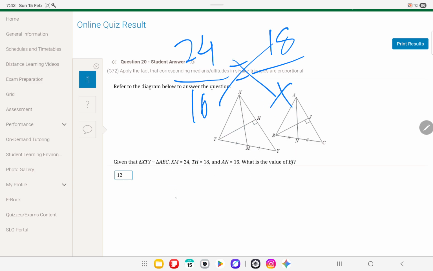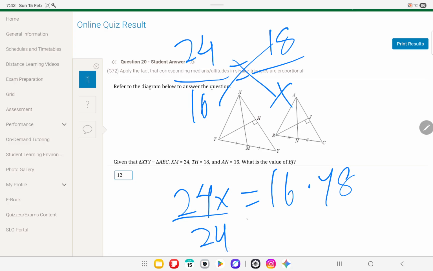Cross multiply, it'll be 24x is equal to 16 times 18. Divide by 24 on both sides. It'll be x is equal to 16 times 18 over 24. We can divide them both by 3, it'll be 8 and 6.